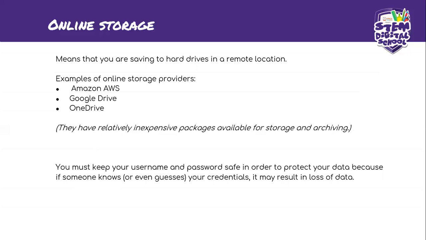What we back up is normally stuff that we work on daily. Archiving is saving or just keeping information that you do not need to edit or use anytime soon. You're just saving it for the future.